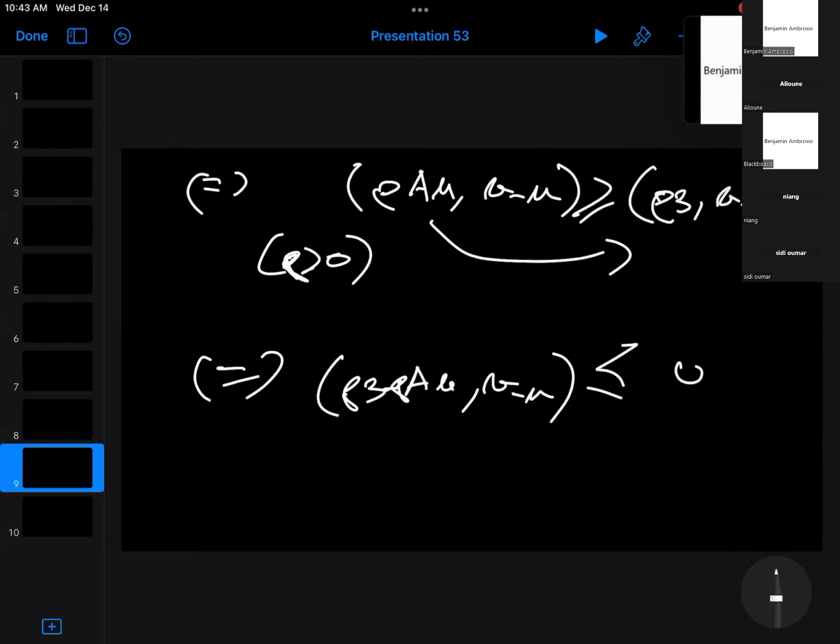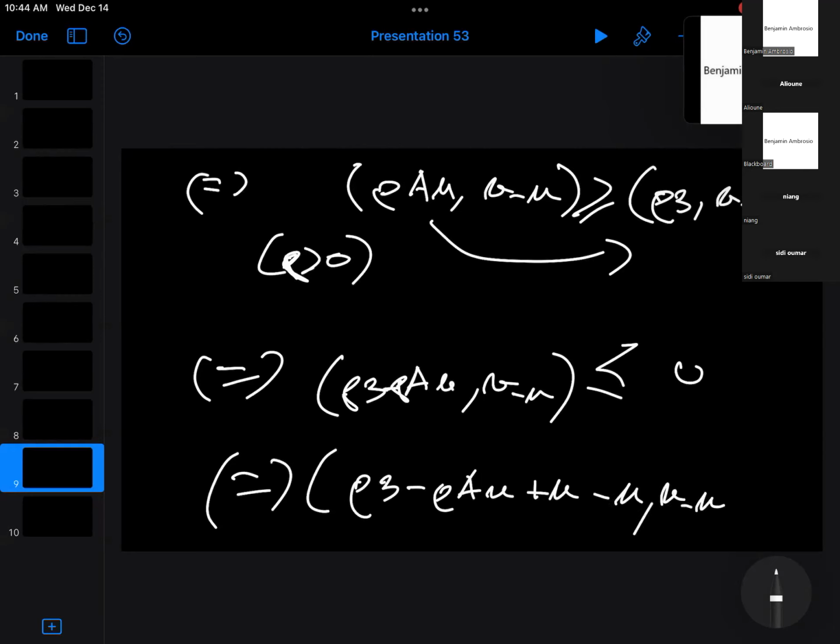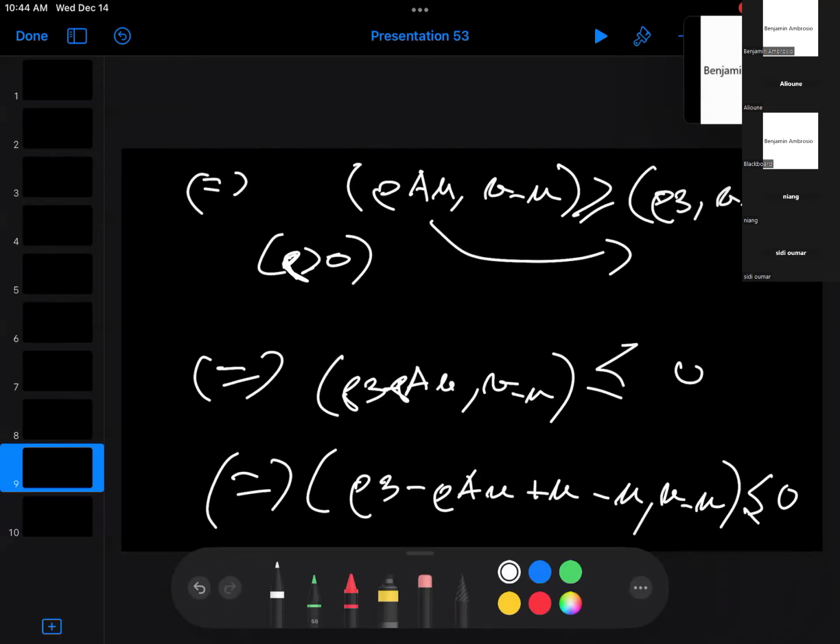I just need to make appear a minus u. That's what I'm going to do right now. So this is equivalent to the scalar product of rho z minus rho A u plus u minus u with v minus u being non-positive. Okay, so if u satisfies that, this exactly means that u is a projection on K of this thing here.